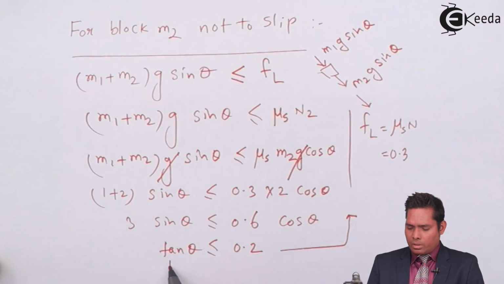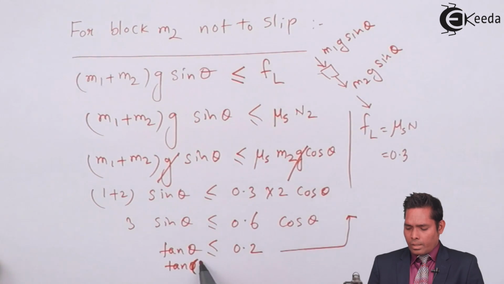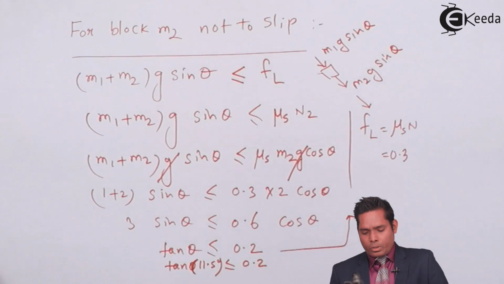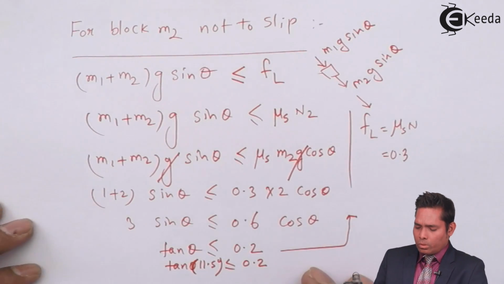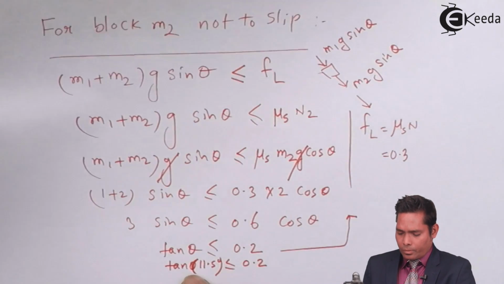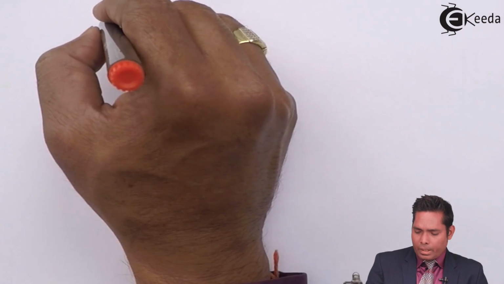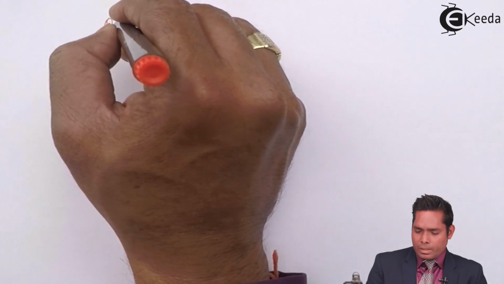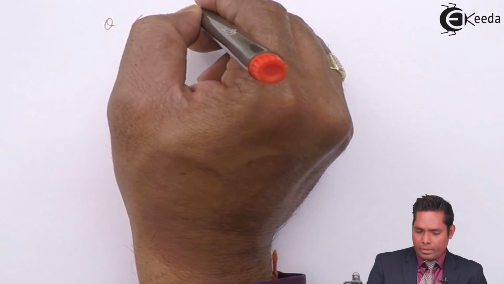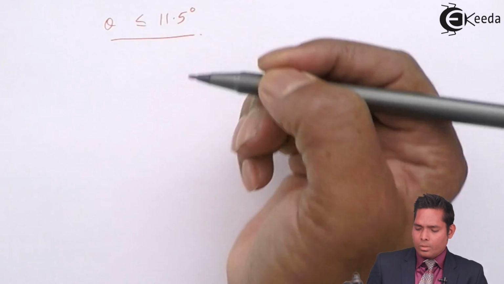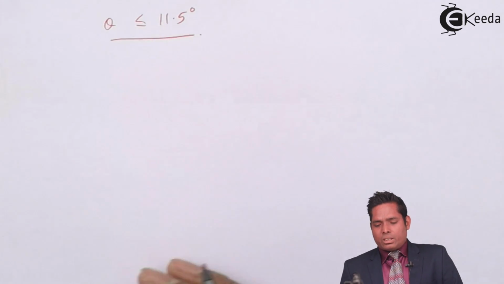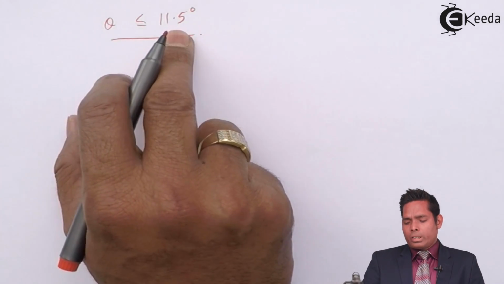That means tan of 11.5 degree is less than or equal to 0.2, so theta should be less than or equal to 11.5 degree. At best you can have equal to 11.5, or it is less than that.